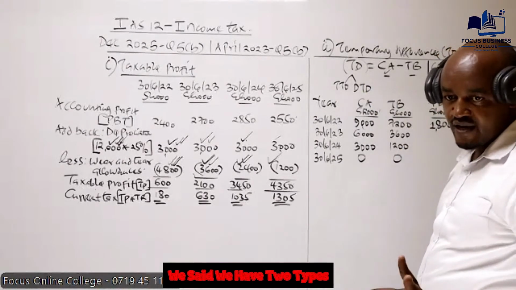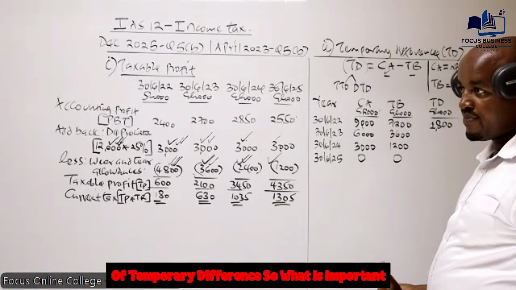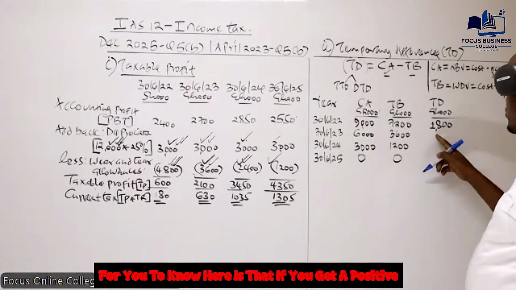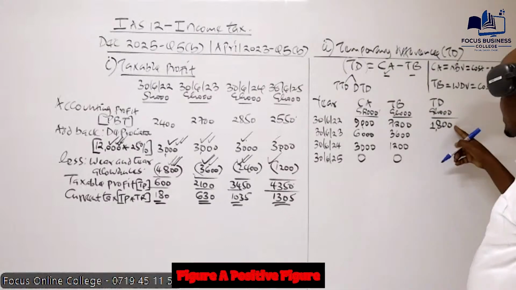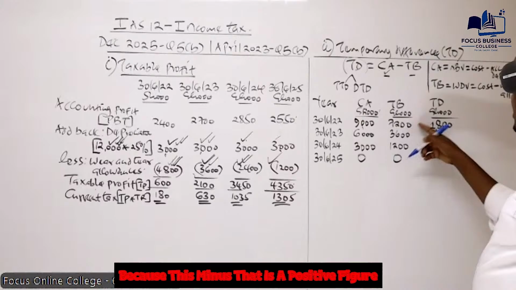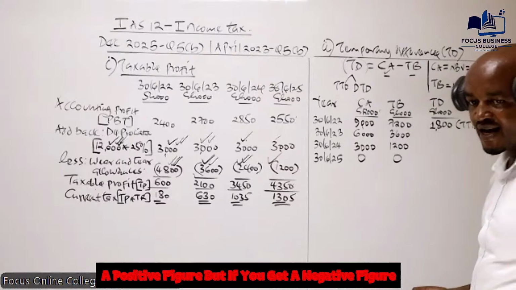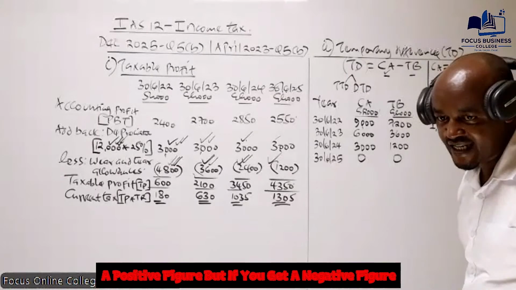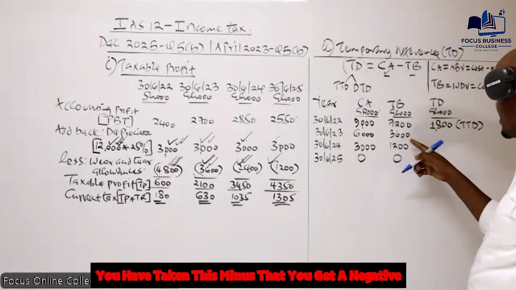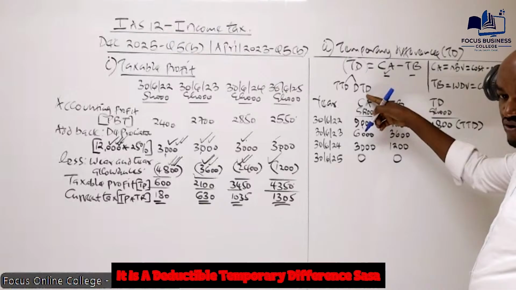We said we have two types of temporary difference. So what is important for you to know here is that if you get a positive figure, because this minus that is a positive figure, that one is called a taxable temporary difference. But if you get a negative figure, you have taken this minus that and you get a negative, it is a deductible temporary difference.